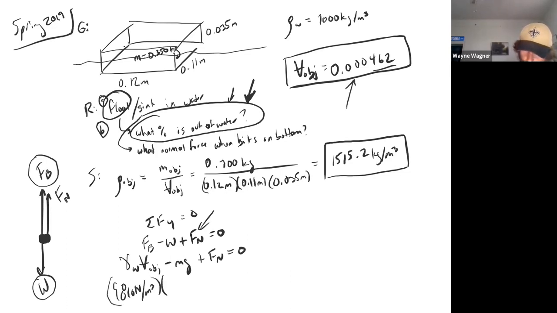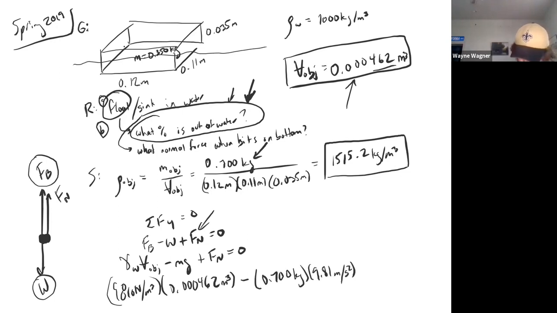Okay, so this would be 9810 newtons per meter cubed times the volume of the object, which is this right here, 0.000462 cubic meters, minus the mass, which is, well, I made it this number right here, 0.700 kilograms, times 9.81 meters per second squared, plus the normal force equals 0.